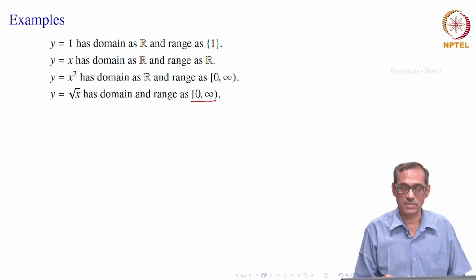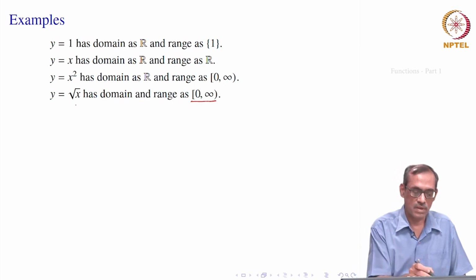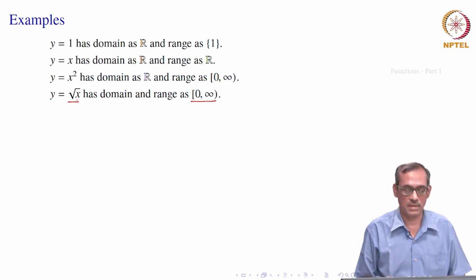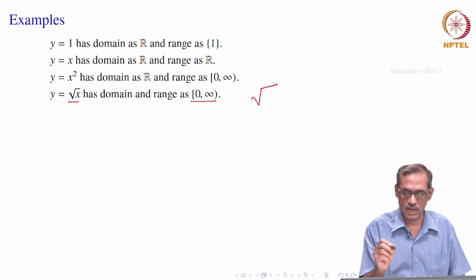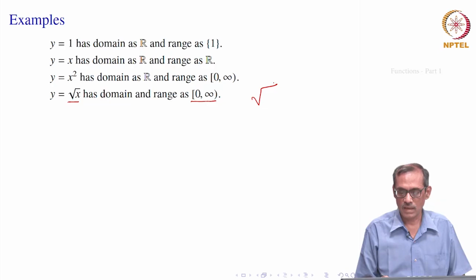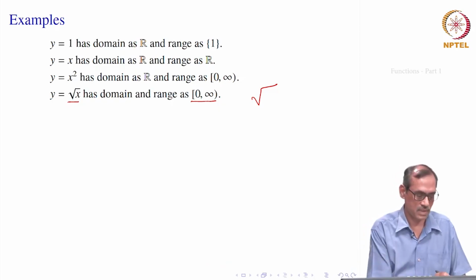When you take square root, the usual convention is we will be taking the non-negative square root. That is the meaning of writing the square root symbol. Like square root of 9 will never be considered as minus 3, it will be plus 3. That is the convention with this symbol. Therefore, its range is also the set of all non-negative real numbers.